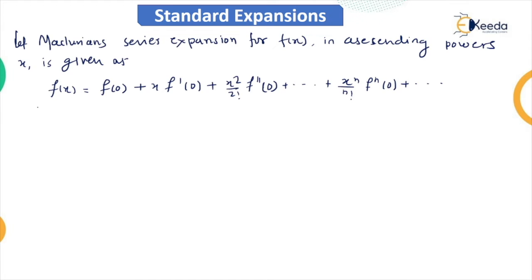And also this can be written as y is equal to y of 0 plus x into y1 of 0 plus x square upon 2 factorial into y2 of 0 plus and so on, plus x raised to n upon n factorial into yn of 0.